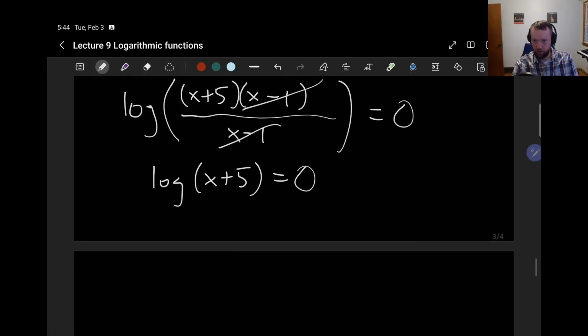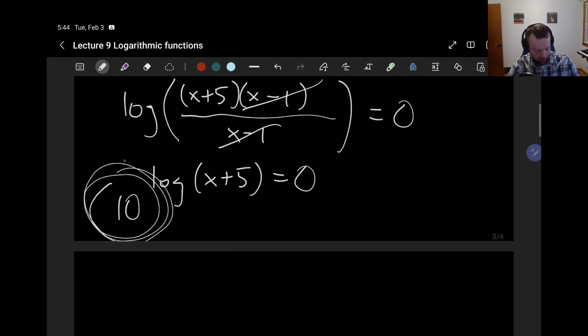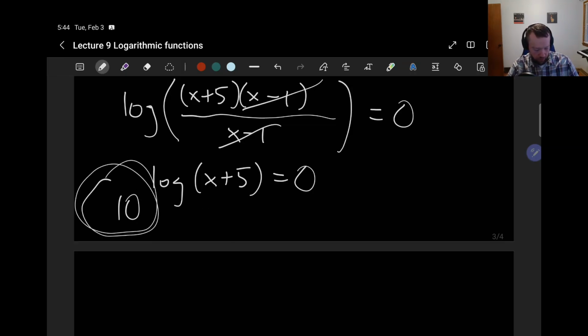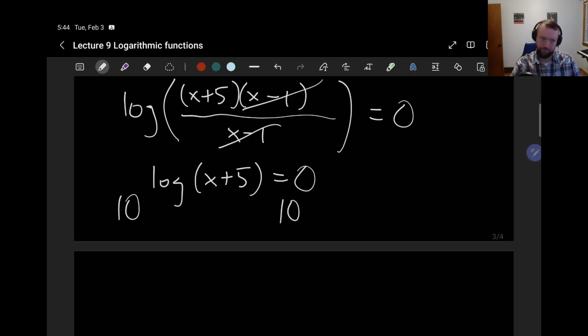If you want to get rid of a log, you apply its inverse function to both sides. Log base 10 and 10 to the x. So plug in log of x plus 5 into the 10 to the x function. You have to do this to both sides, though.